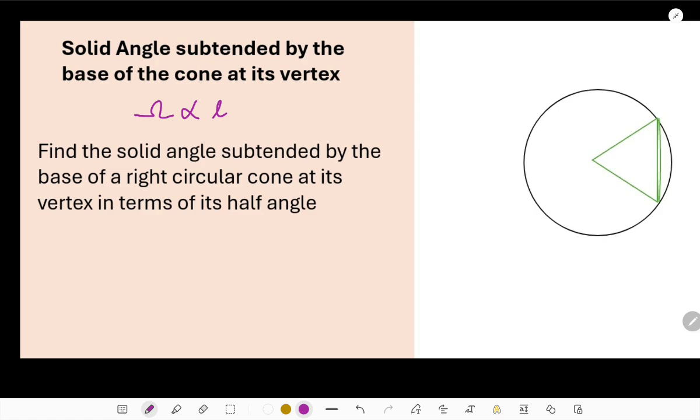And what the length is, you will notice here that I have drawn a cone in green and put its vertex at the center of the sphere, a sphere covering it, and I know that the surface area of a sphere and the base of the cone are subtending the same solid angle at the center of the sphere.